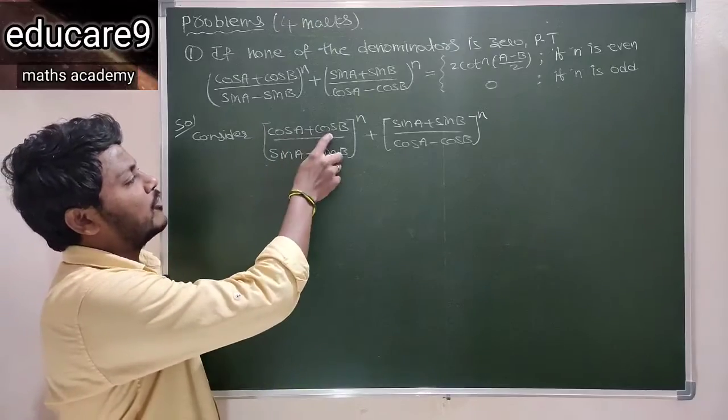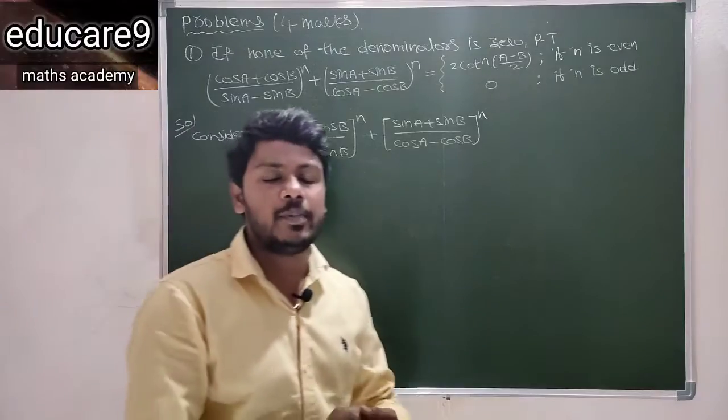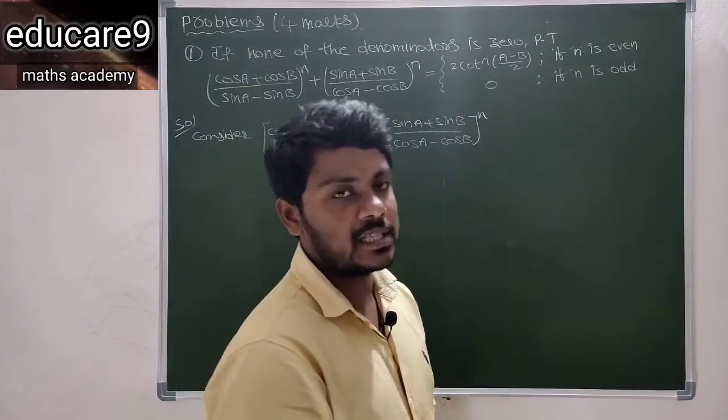So clearly it is in the form of cos c plus cos d. You know the cos c plus cos d formula: 2 cos (c plus d) by 2 cos (c minus d) by 2.